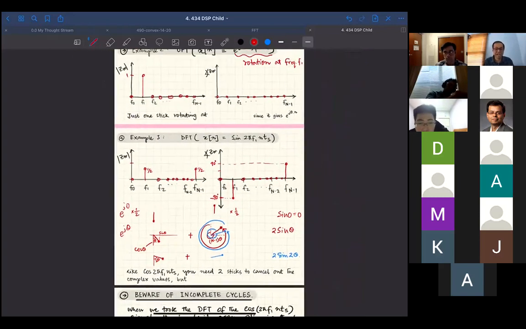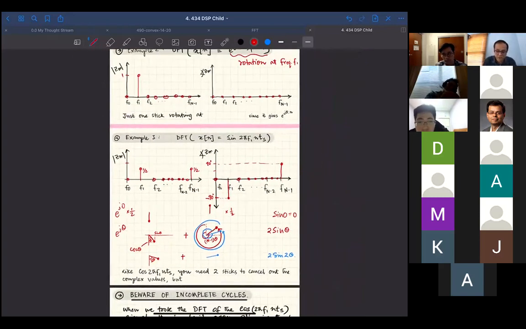Right? Now look at sine and cos. Cos and sine have the same magnitudes, but all you do is you start the sticks at different locations and you can cancel out the complex projections differently by starting the sticks at different locations.